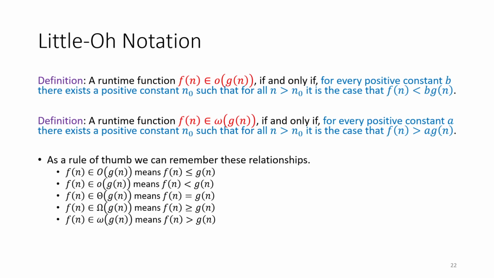So let's see if we can see what it means. This one's saying for every constant b we can put here, big or small, but it has to be positive, not 0 or negative, there is some positive constant n-naught such that for all of the n's past this cutoff point, it is the case that f of n is less than b times g of n.